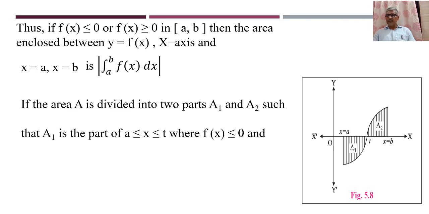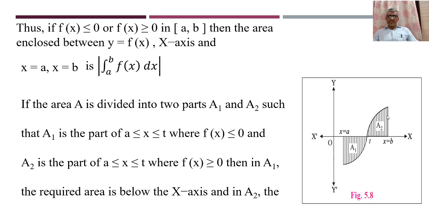Now the total area is A, and this total area is divided into two parts, A1 and A2, such that A1 is the part for x greater than or equal to a and less than or equal to t, where f of x is less than or equal to 0. And second, A2 is the part for x greater than or equal to t and less than or equal to b, where f of x is greater than or equal to 0.